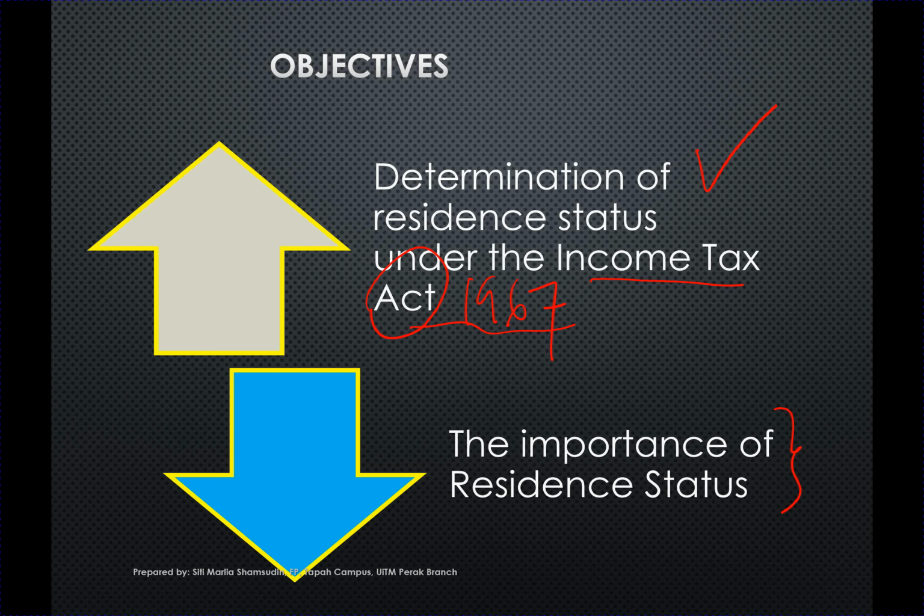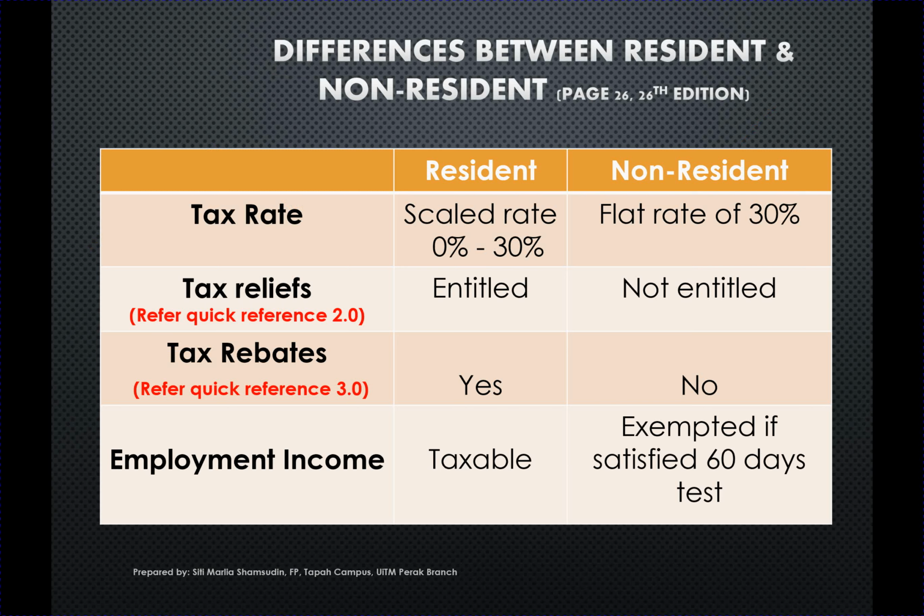As I said earlier, if you become a resident in any particular country and you have to pay tax in that country, it is better if you become a resident rather than not becoming one. So this would be the differences of becoming a resident and non-resident.